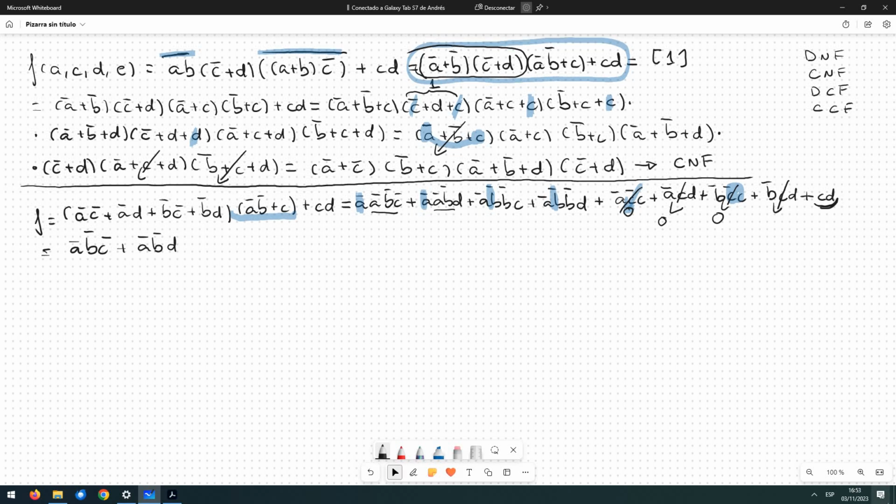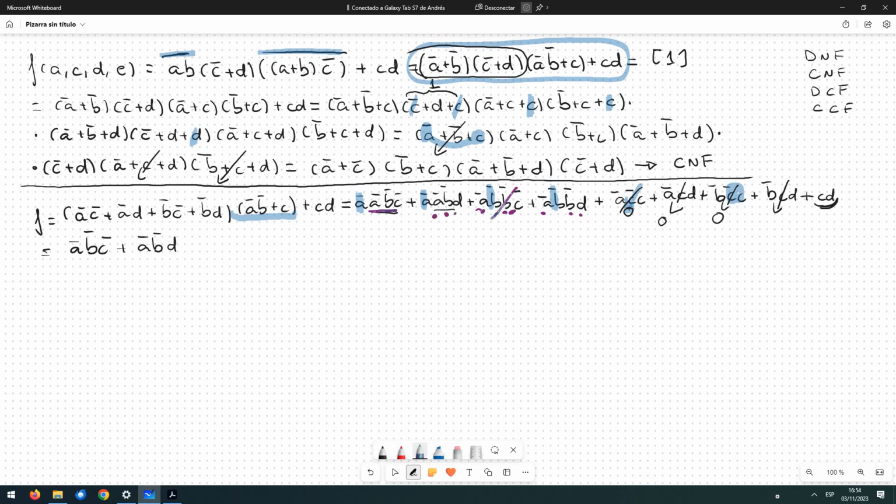I realized that I made a mistake here, because this is C negated. Here we have C negated. So we can apply the absorption law as well to these terms. Here we have A, B, C, but we have here A, B, C as well. So we can apply the absorption law. And here we have A negated, B negated, D. That is the same as this.